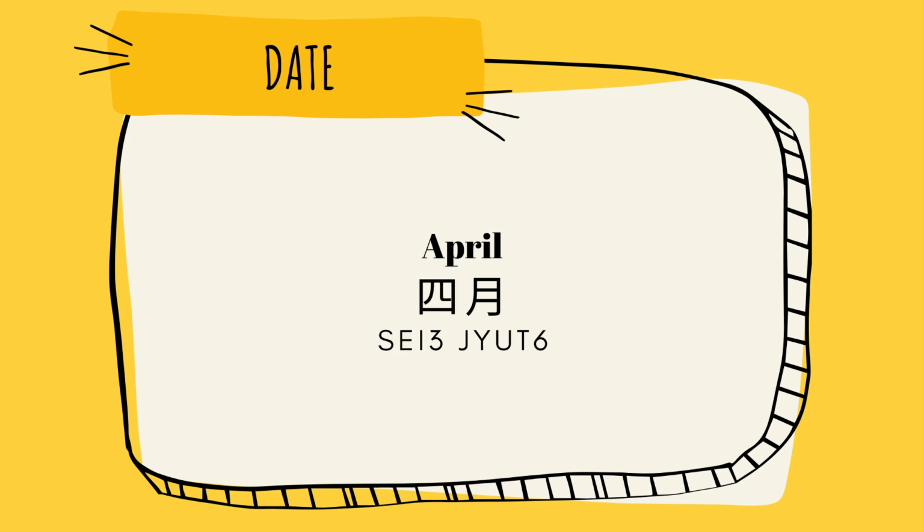April, 4月. May, 5月. June, 6月. July, 7月. August, 8月.